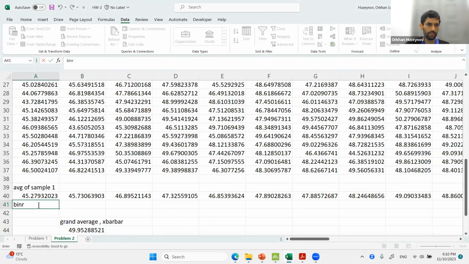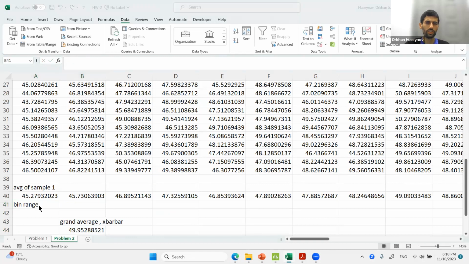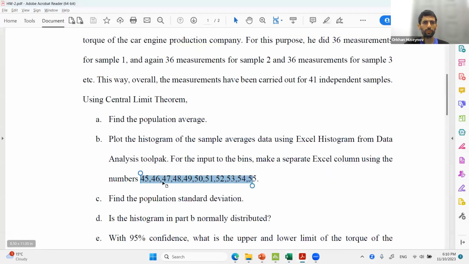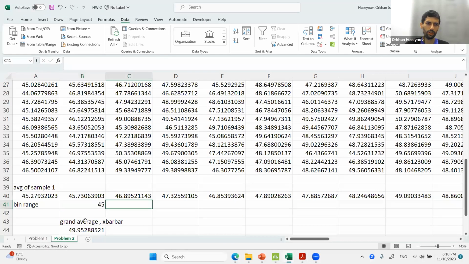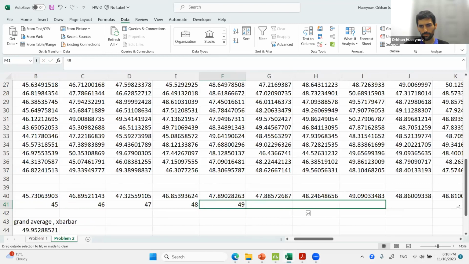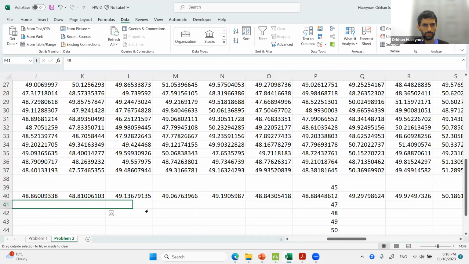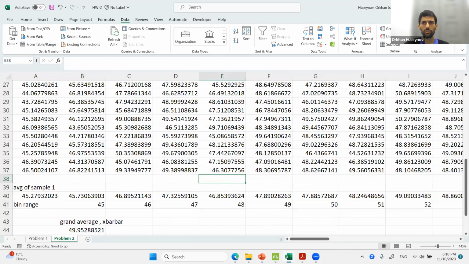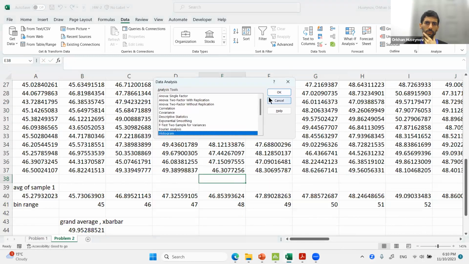So for the bin range, the first option says to put it in yourself. So it will be from 45 to 55. So 45, 46, 48, 55.